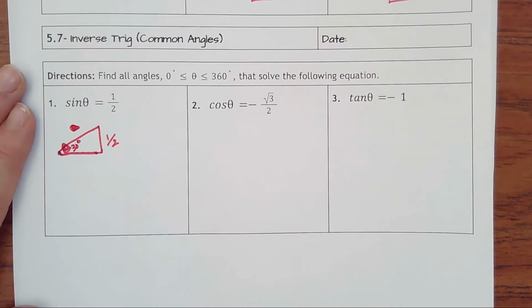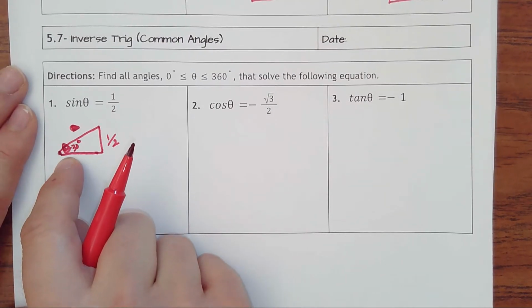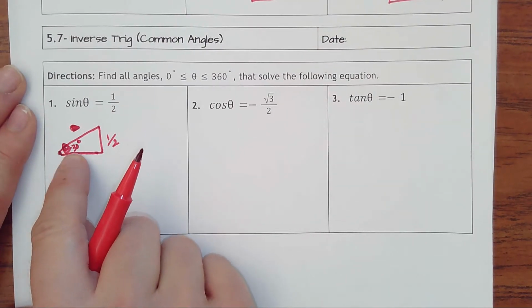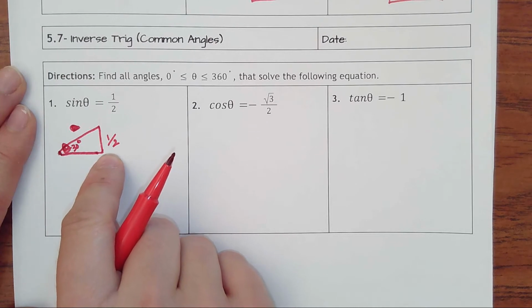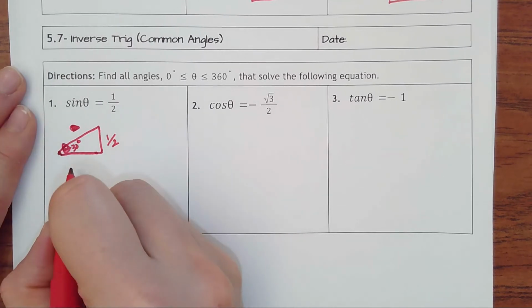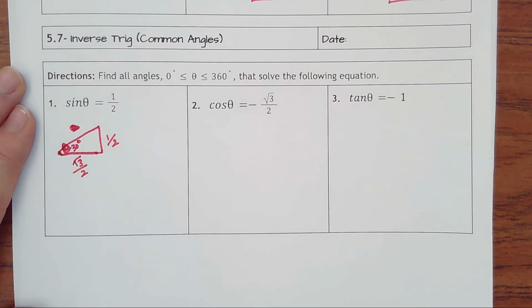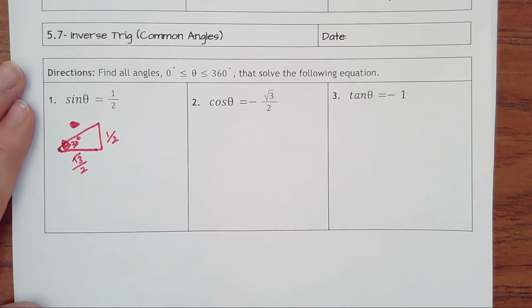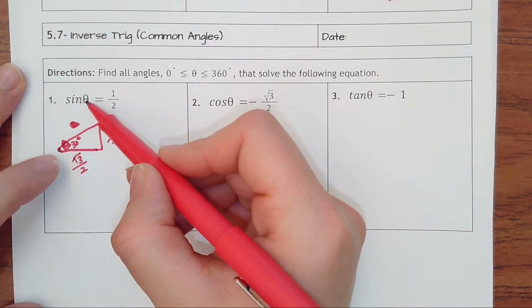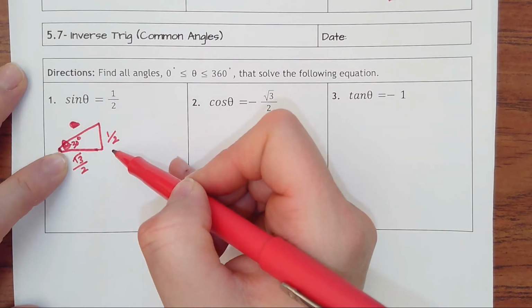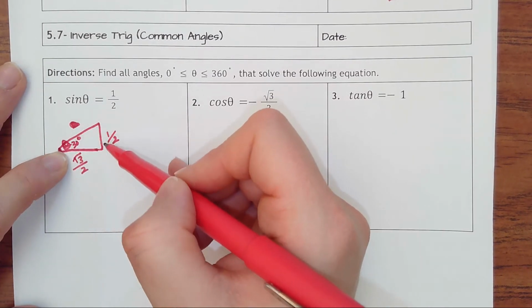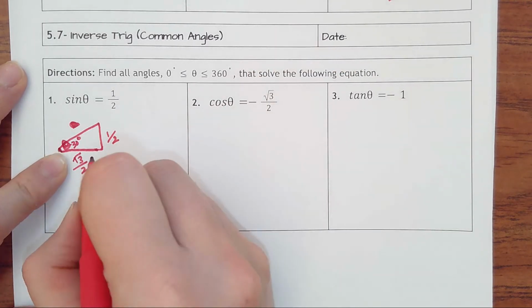Sorry, that's really messy. But if my angle is here, I can remember that across from the smallest angle is the shortest leg. And remember, a half is 0.5 as a decimal. And then the longer leg is square root of 3 over 2. That goes back to our special right triangle rules. And so I can remember that sine of a 30 is a half. The opposite, or the y value, or the height of the triangle, is 1/2 in a 30.